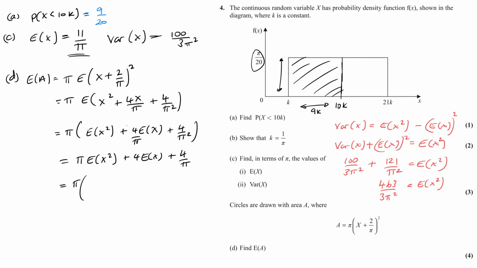As that just makes it a little bit easier over here. So 463 over 3 pi squared plus 4 times 11 over pi plus 4 over pi.